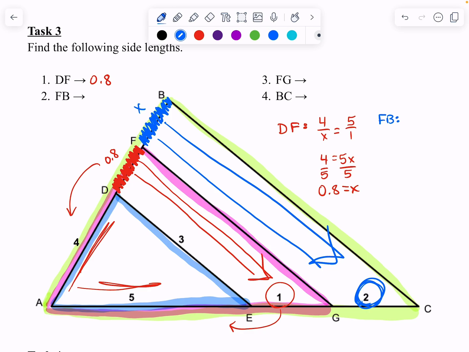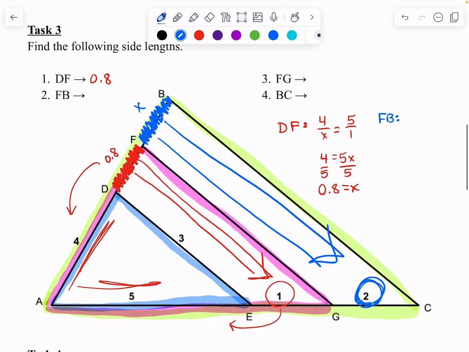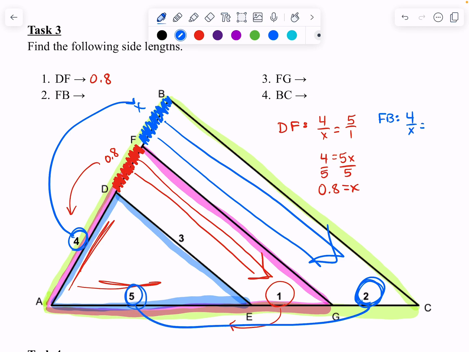It's not like a domino effect where they're all wrong because I messed up something earlier. So I'm going to stick with 4 and then jumping to X, and then I'm going to do 5 and then jumping to 2. So I get 8 equals 5X, and when I divide by 5, I get X equals 1.6.